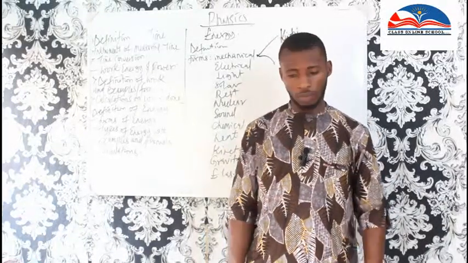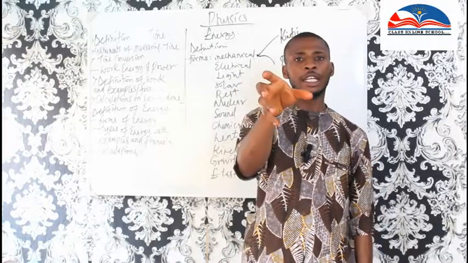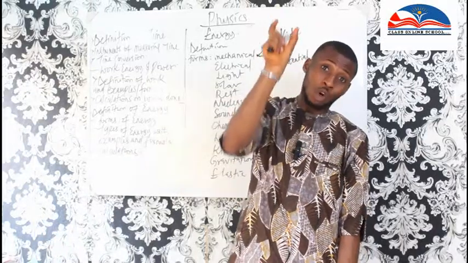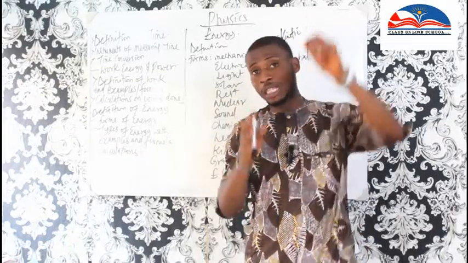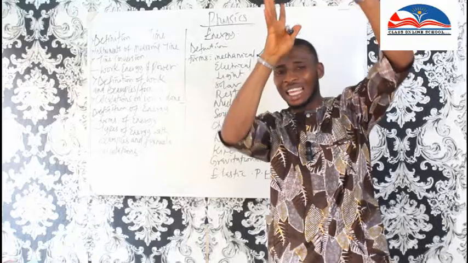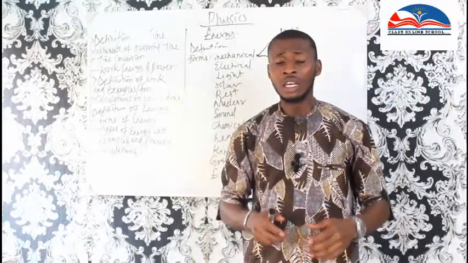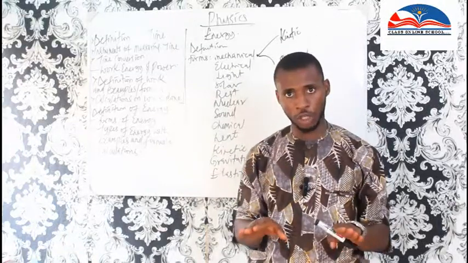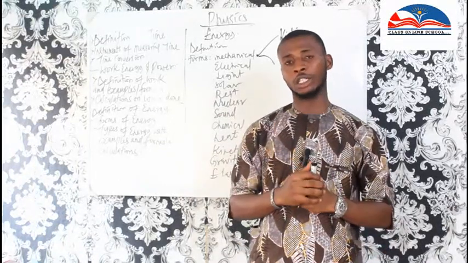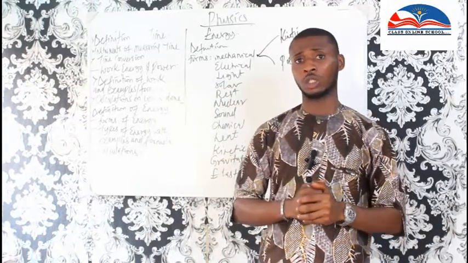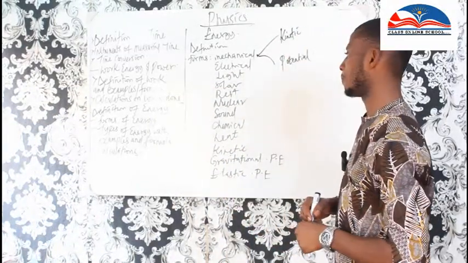An apple on a tree, there is an energy that keeps that apple hanging on a tree. A ripe orange on a tree, there is an energy holding it. Even a coconut, there is an energy holding it. A bird perching on a tree, there is an energy holding it. How do we calculate those energies? We are going to talk about them.